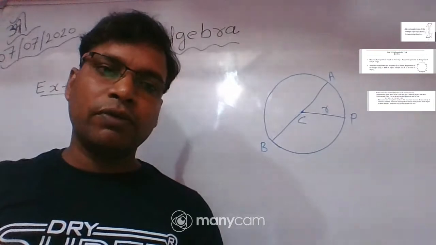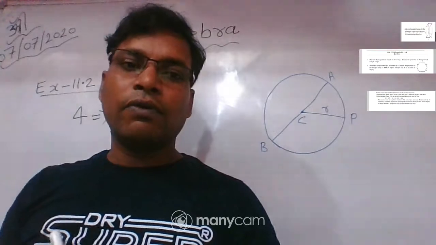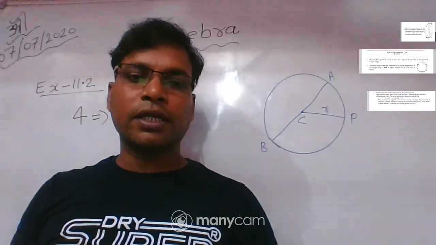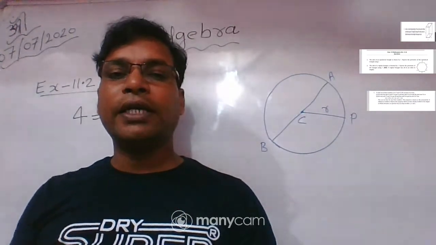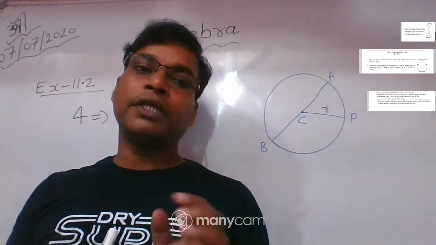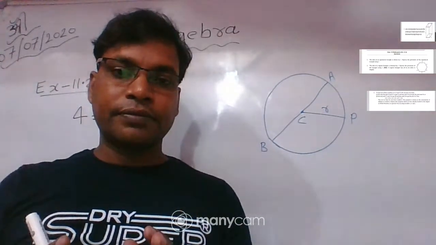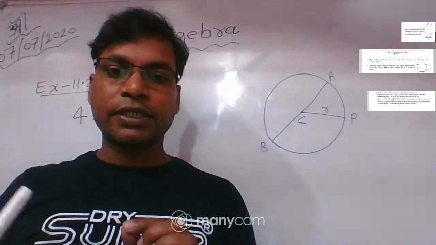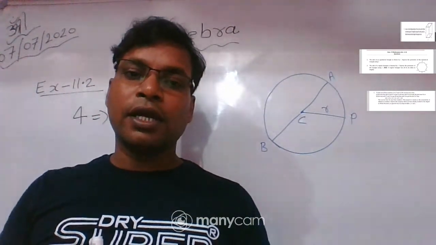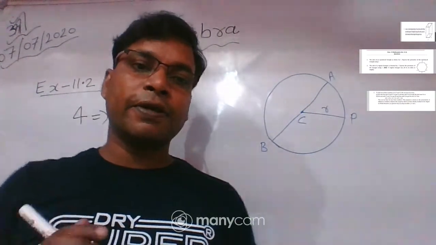So first we need to know the relation between diameter and radius. First, what is a circle? A circle is a locus of points in a plane at a fixed distance from a fixed point. The fixed point is called the center of the circle, and the fixed distance is called the radius of the circle.